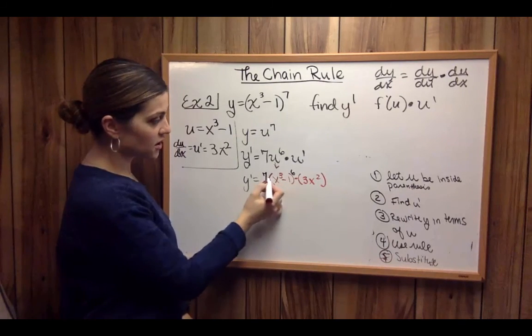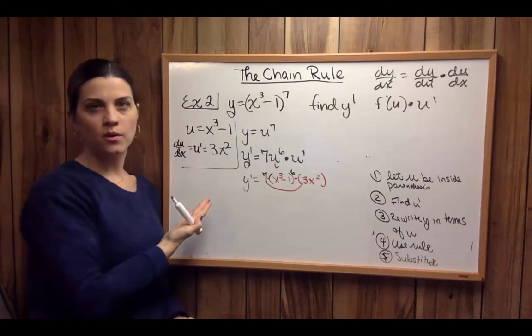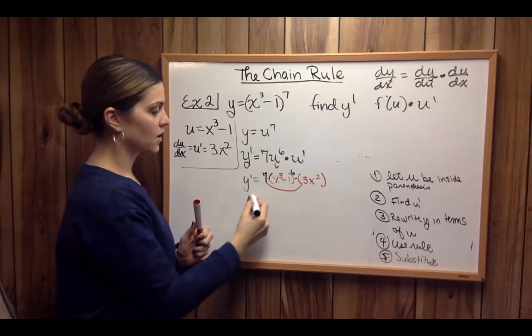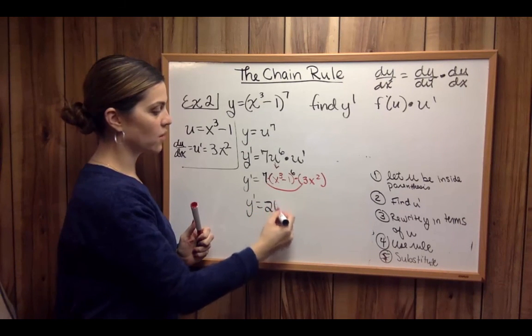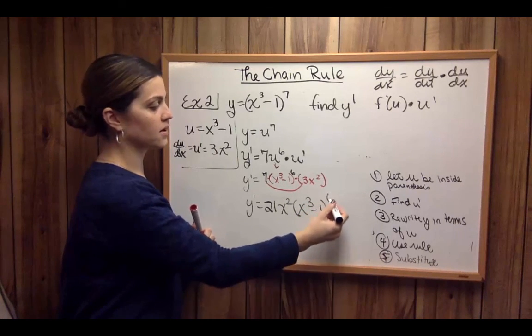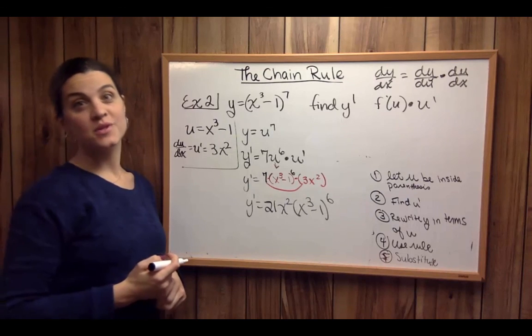There's multiplication here. The 7 and the 3 can be multiplied together, and I would push the x squared in front. So my final answer for y prime would be 21x squared times x to the third minus 1 to the 6th. And that's your y prime using the chain rule.